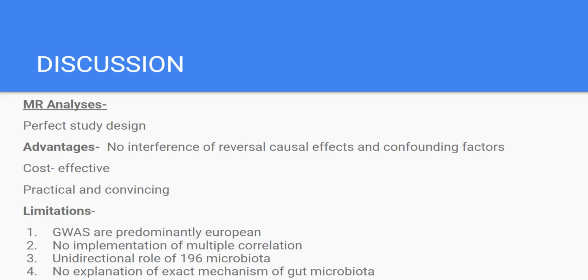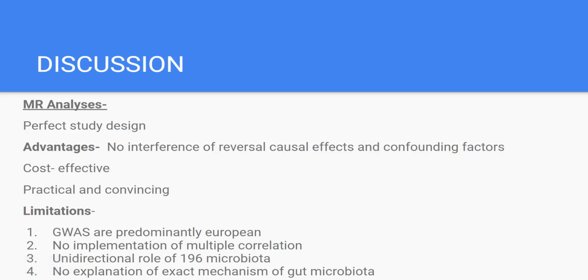So it was a perfect study, and it also has some advantages, like there was no interference of reverse causal effects and confounding factors. Okay, so it's very good that there were no confounding factors and no reverse causal effects in this study. Also, it was very cost effective as compared to the randomized control trial.